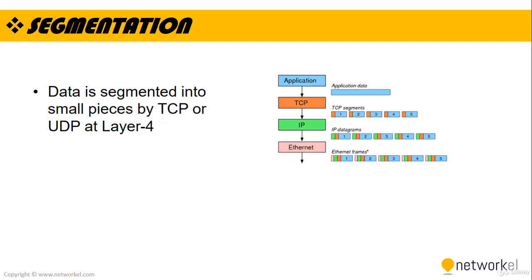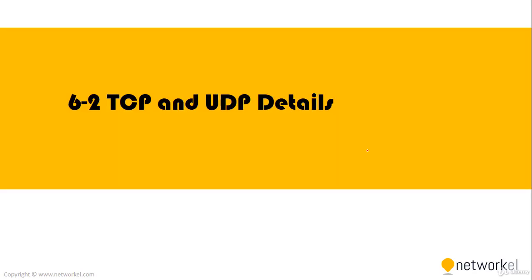Segmentation may be required when the data packet is larger than the maximum transmission unit supported by the network, and when the network is unreliable and it is desirable to divide the information into smaller segments to maximize the probability that each one of them can be delivered correctly to the destination.